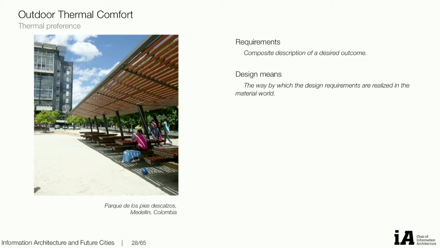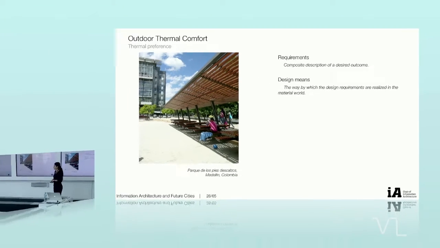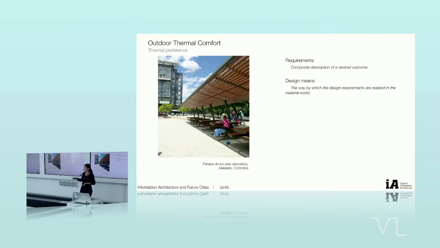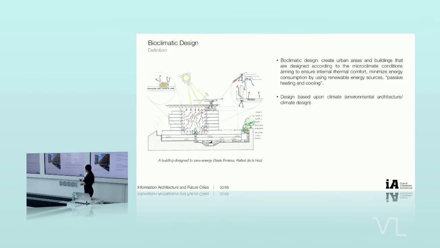So also because of this, we need to have different requirements for different places in the world. The requirements in Singapore are completely different from the requirements here in Zurich and so on. And then the design means are based on these requirements. So from here, we start looking at what bioclimatic design is.